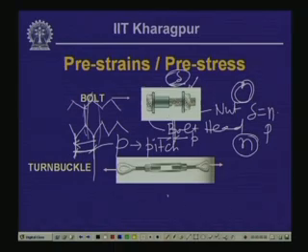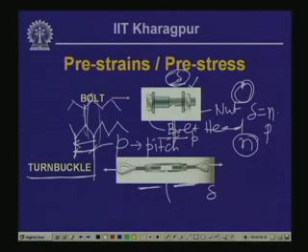Another system which is many times used is known as a turnbuckle. In the turnbuckle, the threaded parts are introduced on either side, and once the central part is rotated, both the threaded parts move. Since we have threads on either side, both sides move forward or backwards by one pitch.